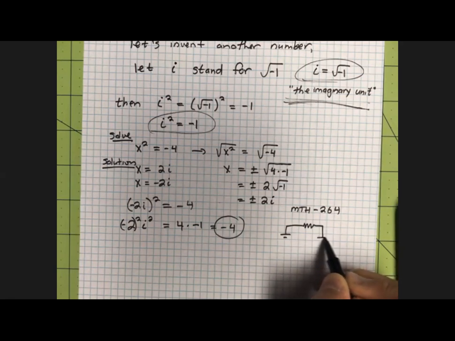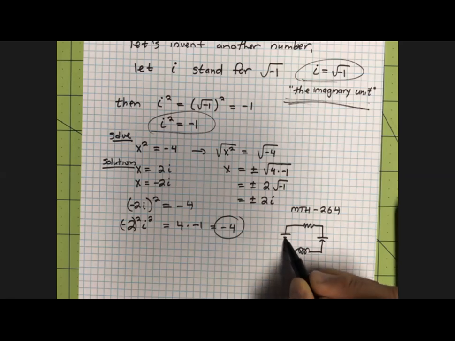You've got something called an RCL circuit: resistor, capacitor, inductor. So a basic electric circuit.